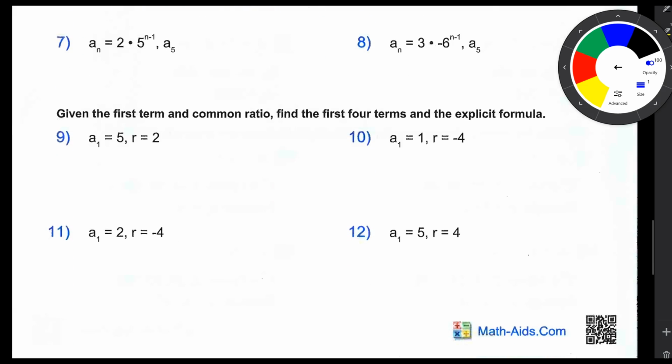Finally, we've got to find the common ratio, and the first term, we've got to use those things to find the explicit formula. So our formula for the geometric sequence is Tn equals A times R to the n minus 1.